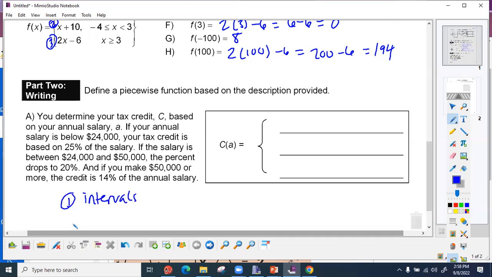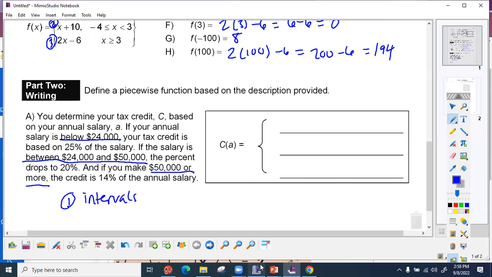Okay, identify our intervals. The keywords when you're identifying your intervals are below, above, and between. Those are the keywords you're looking for. So we have below 24,000, between 24,000 and 50,000, and 50,000 or more.